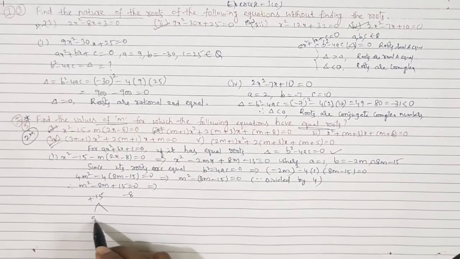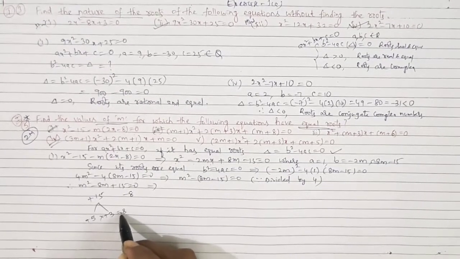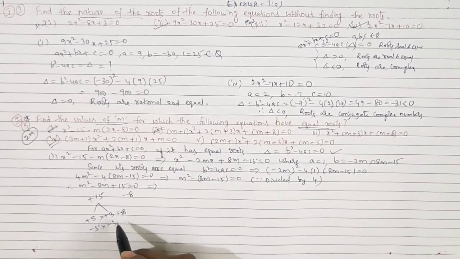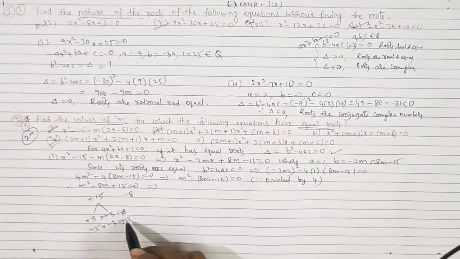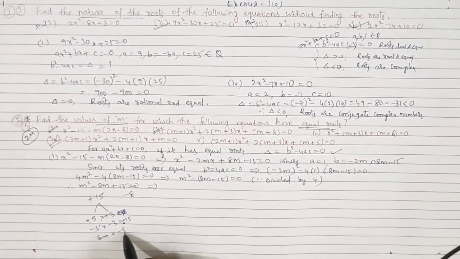There is the possibility of plus 5 into plus 3, which gives plus 15, but we have to get minus 8. If we add these two terms we get plus 8, but we want minus 8, so better take minus 5 into minus 3, which is plus 15, and the sum is minus 8, suitable.